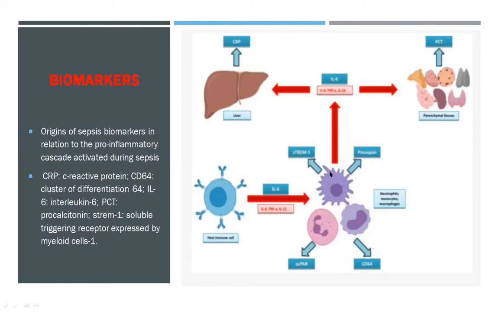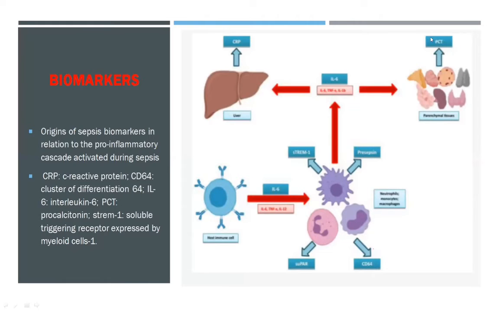Each of the inflammatory mediators we will be dealing with in detail in the next successive slides. Interleukin also stimulates the liver to release C-reactive protein, and may also activate the parenchymal tissue to release procalcitonin, which is another inflammatory mediator that can be used as a biomarker of sepsis.